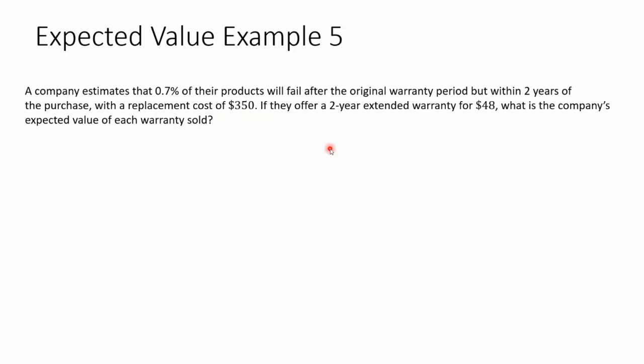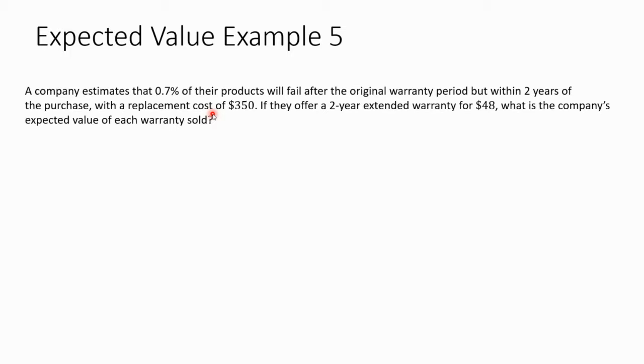If they were to offer, though, a 2-year extended warranty of $48, so if a customer buys a warranty, they can send it back and the company would be responsible for fixing it. What is the company's expected value of each warranty, though? Here we have a company that's selling products.